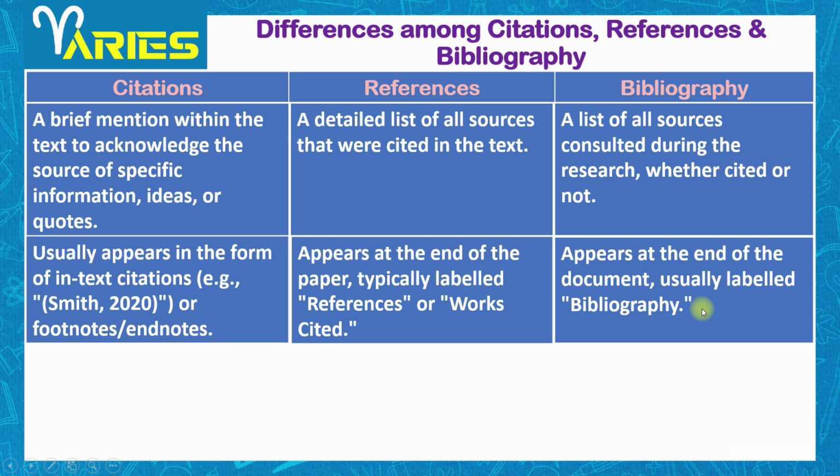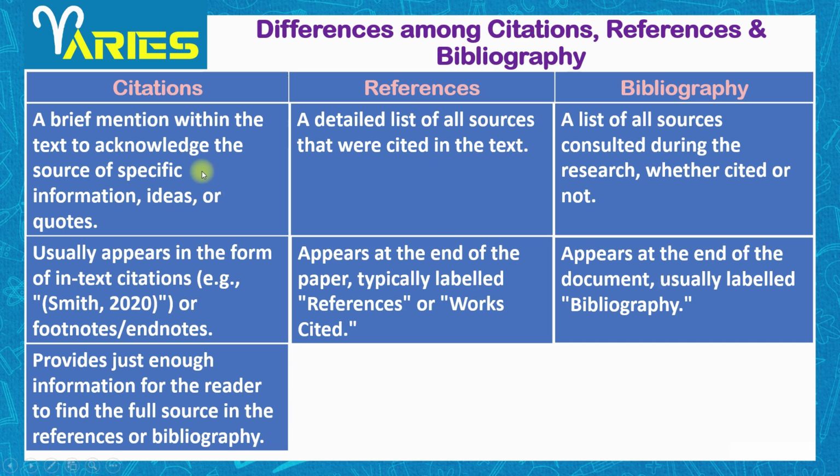If they are not mentioned in the text, you will still list those sources at the end of the thesis or paper under the title of bibliography. It is the full list of all the sources that you have referred to, and that is known as bibliography.